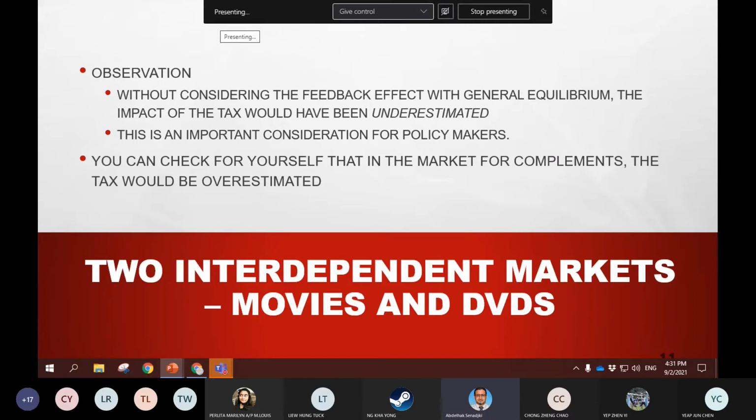Without considering the feedback effect with general equilibrium, the impact of the tax would have been underestimated. If you do not do a general equilibrium analysis, you may think that the tax will increase only the movie ticket price from 6 to 6.35. But actually that is an underestimation.